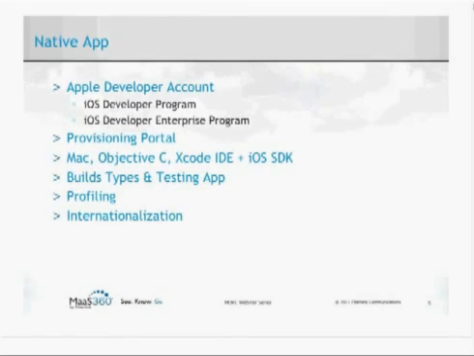The last one is internationalization. It's a good practice to design your app with internationalization in mind from the beginning, and not react to it if the need comes later.